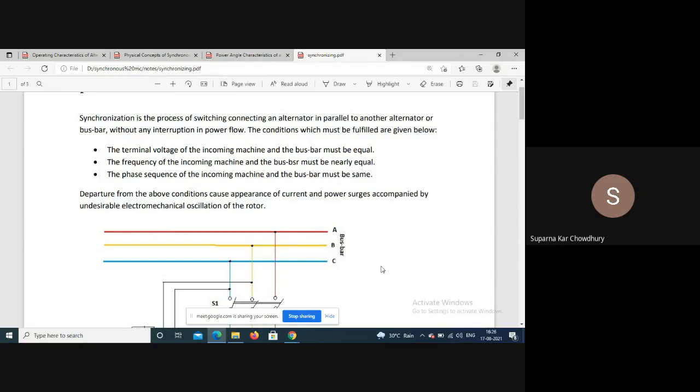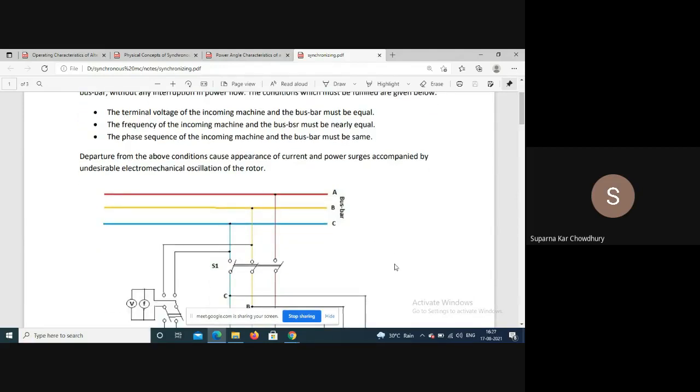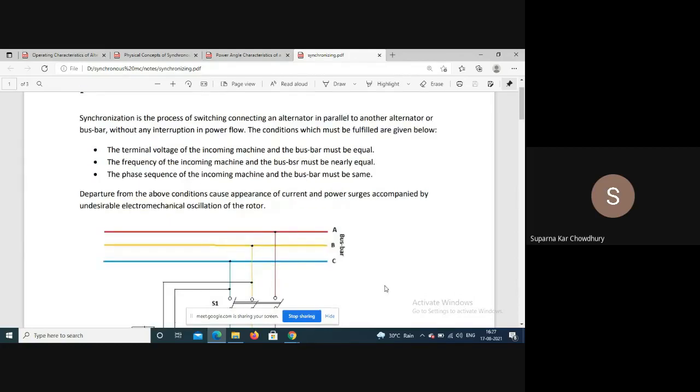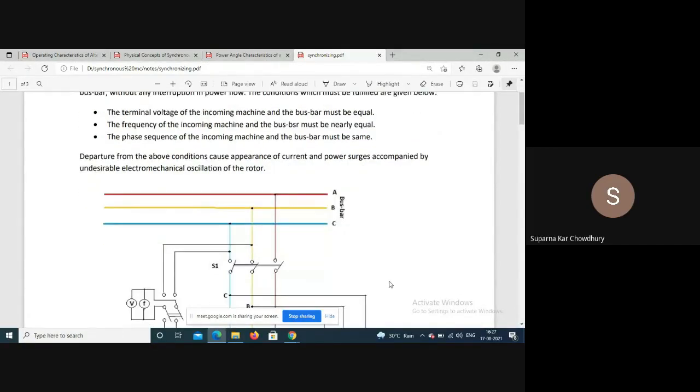Now, this process of connecting a synchronous generator to the bus bar is called synchronizing. Synchronizing can be compared with the process of parallel operation of DC generators.